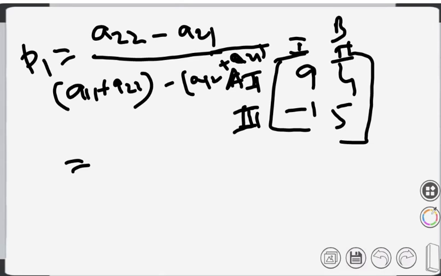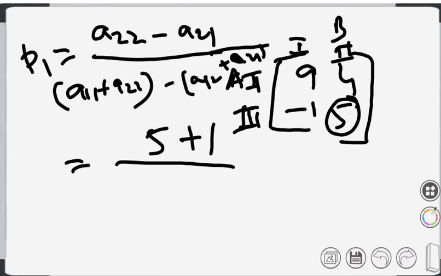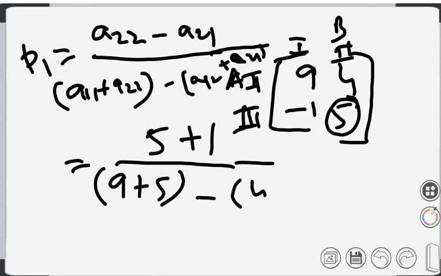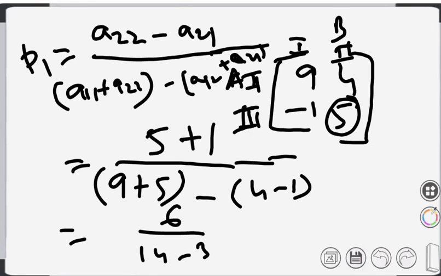A22 is 5, minus A21 means minus of minus 1, which is plus 1. So 5 plus 1 is 6 in the numerator, and in the denominator 9 plus 5 minus 4 minus 1, 14 minus 5, which is 9?